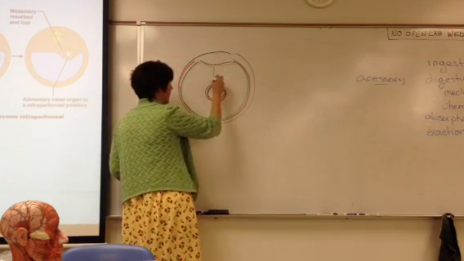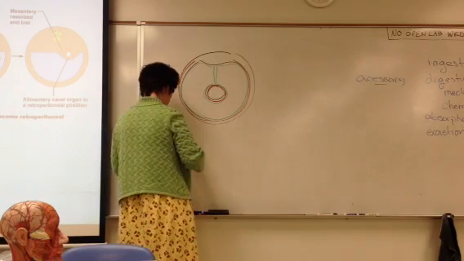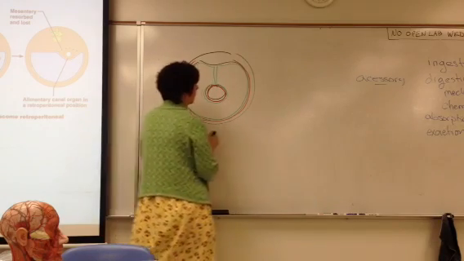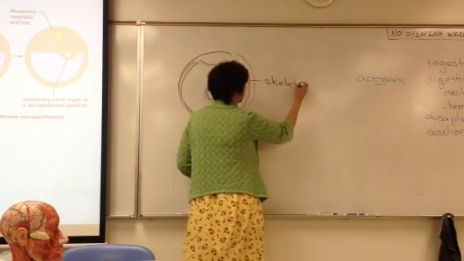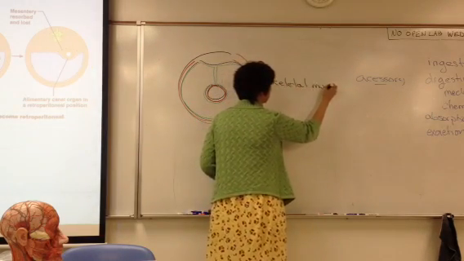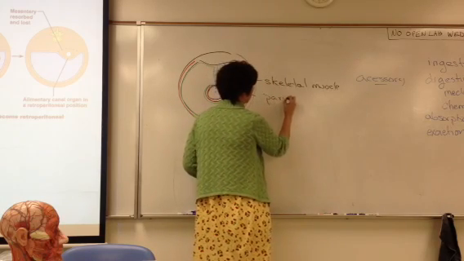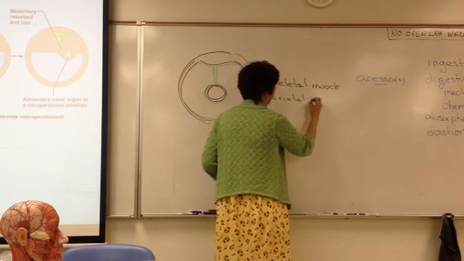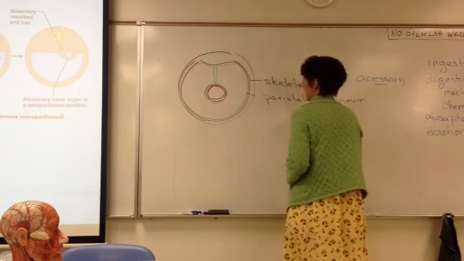And then it extends out to the gut and forms the visceral peritoneum. It's all serous. So skeletal muscle and parietal peritoneum.